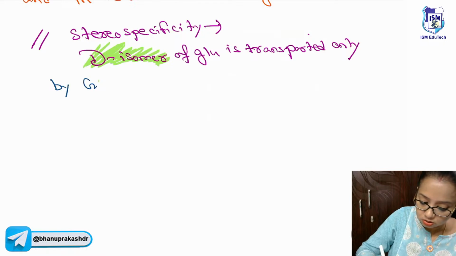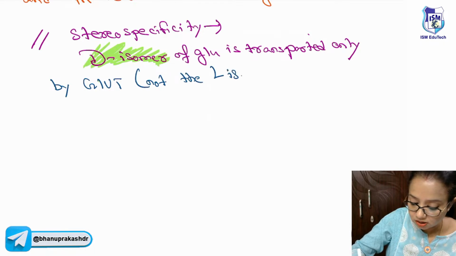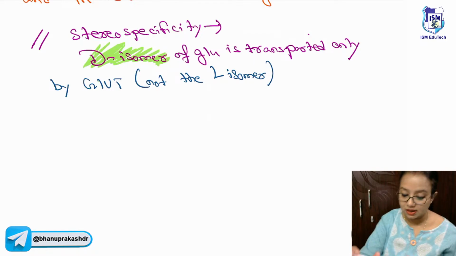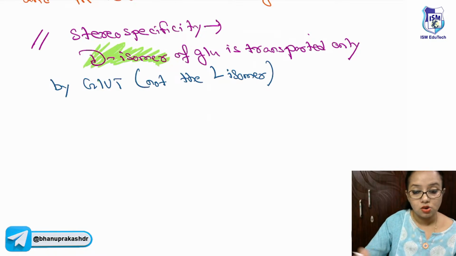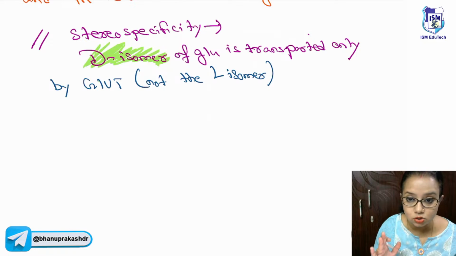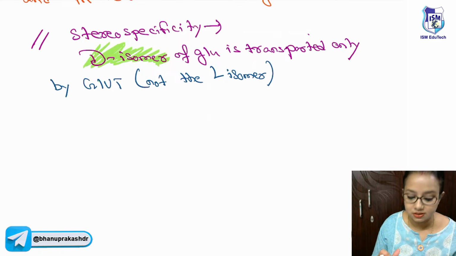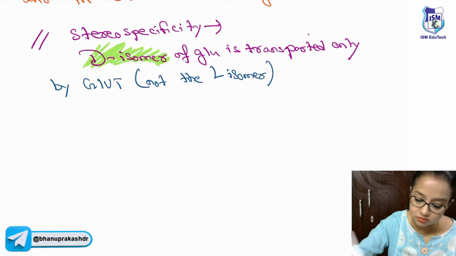By GLUT, not the L-isomer. Means in this facilitated transportation, the carrier proteins have a stereospecificity. Only of that specific isomer they will transport, not the one that they don't like. So the stereospecificity is also another factor that is limiting the facilitated diffusion.